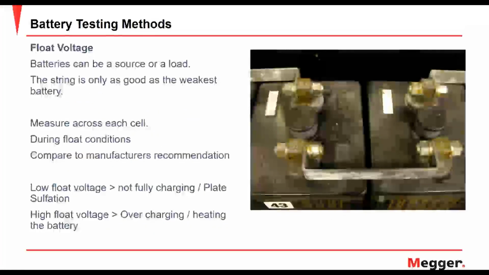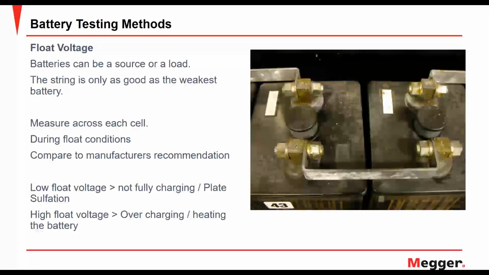Then we have the float voltage. This is usually done for standby applications, where the battery system or battery bank is in a floating mode, meaning it's fully charged and ready to be used.